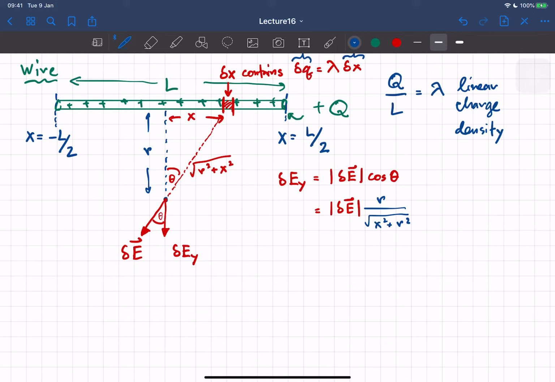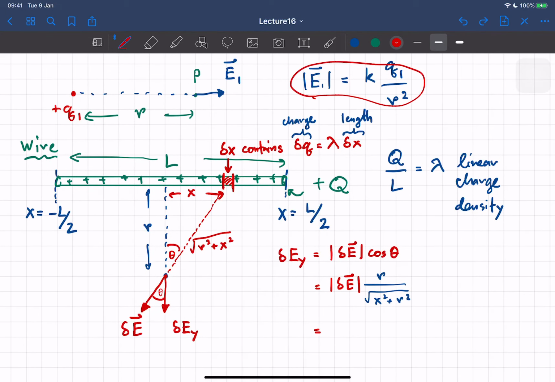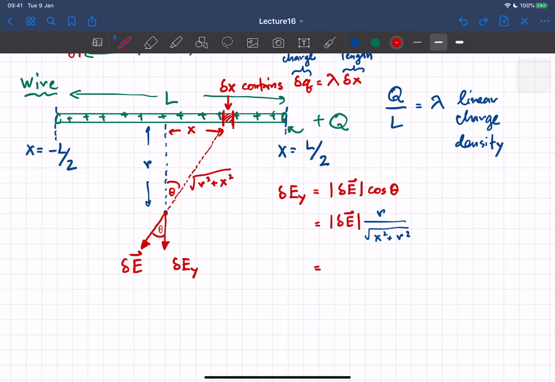For the next step, we can substitute the electric field delta E, because we know the charge. Delta E, where at this point we only care about the magnitude, is just k, the electric constant, times the charge delta Q, divided by r squared. Now, this r squared is not this r.